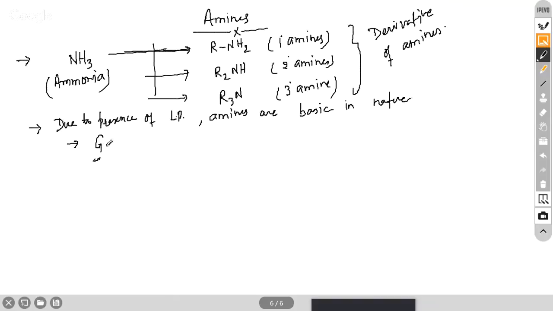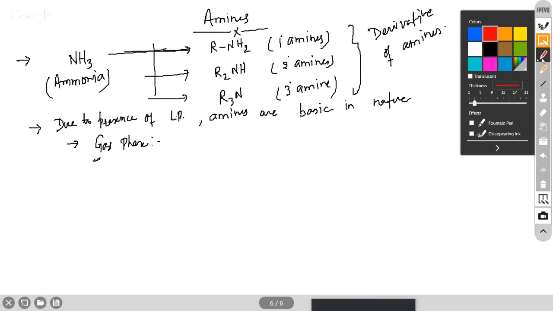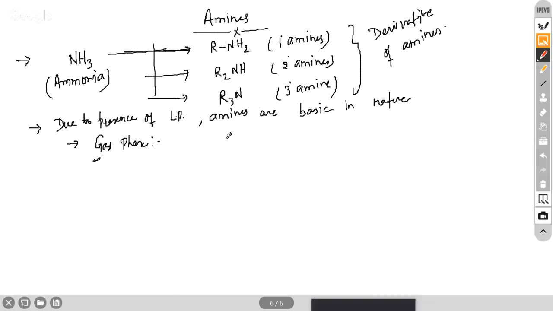It is very important. In gaseous phase, the basicity order is found to be: tertiary amine, 3-degree amine, is most basic, then secondary, and then primary. Why, it is very clear from this example.